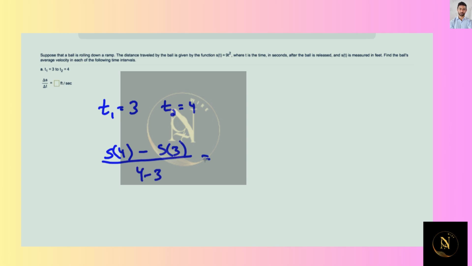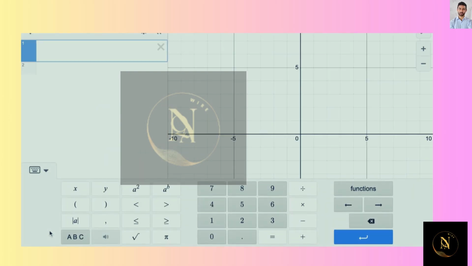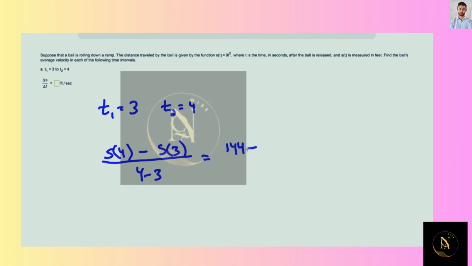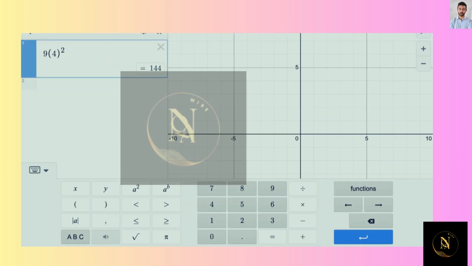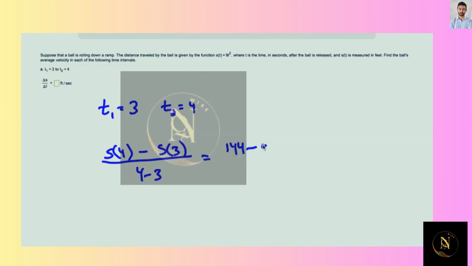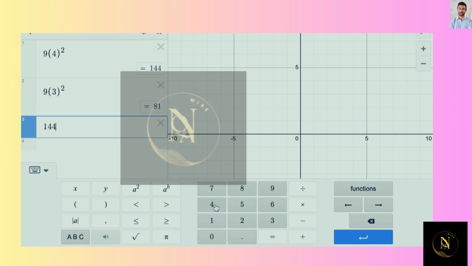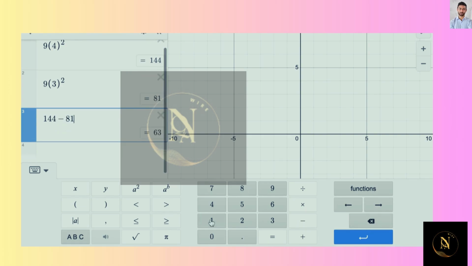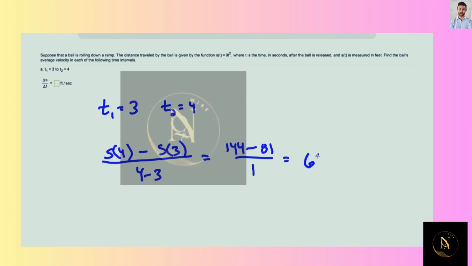Well, s of 4 is 9 times 4 squared. 9 times 4 squared is 144. s of 3 would be 9 times 3 squared, and 9 times 3 squared is 81. 4 minus 3 is 1, and 144 minus 81 is 63. 63 feet per second would be the average velocity in this interval.